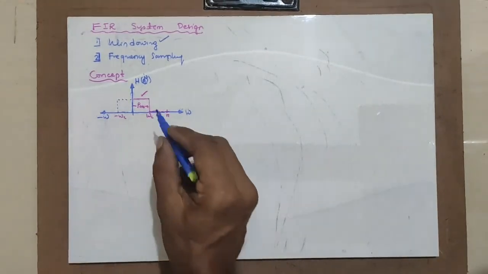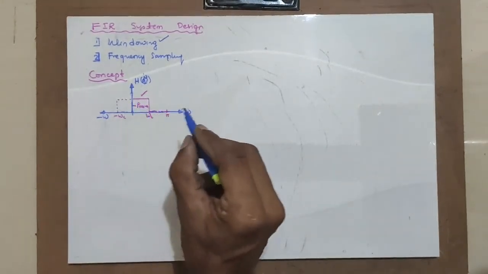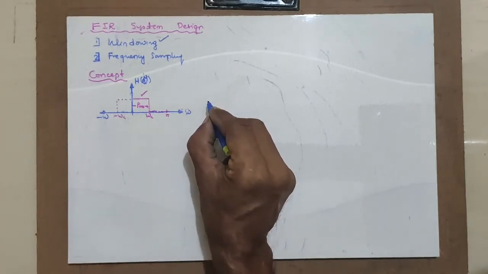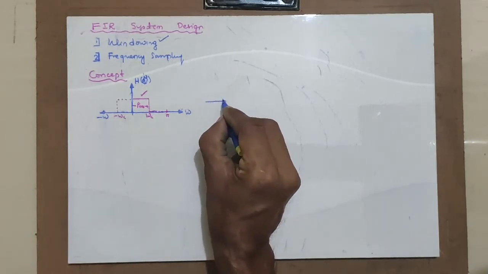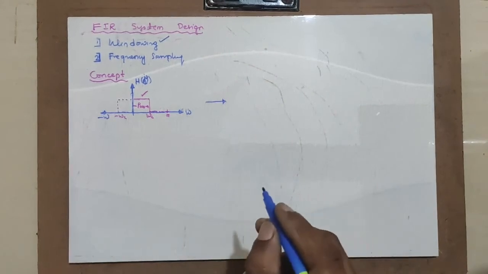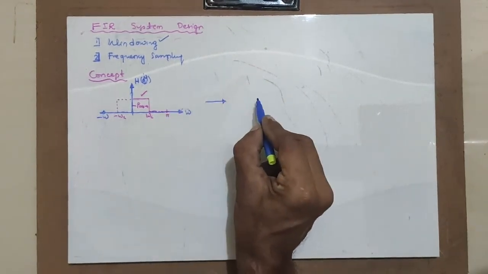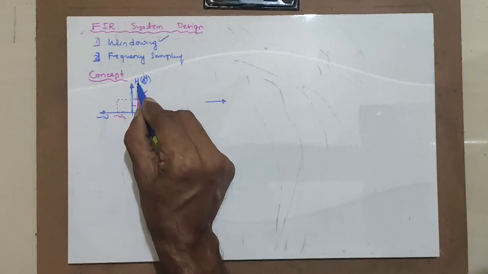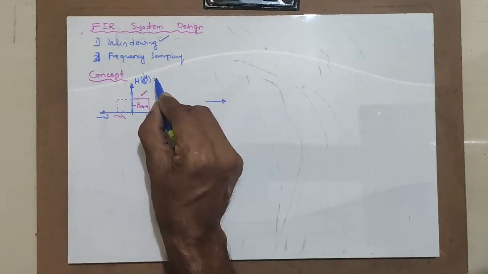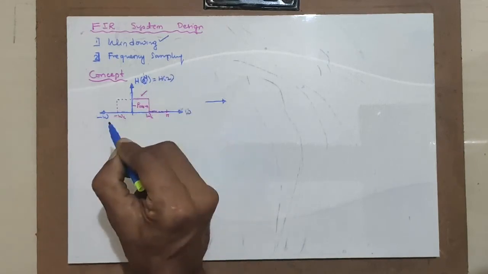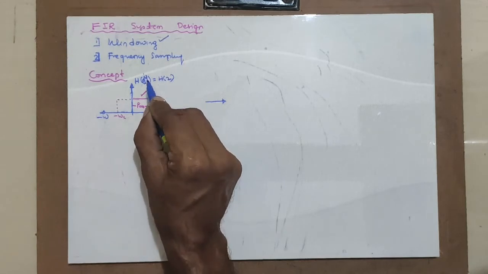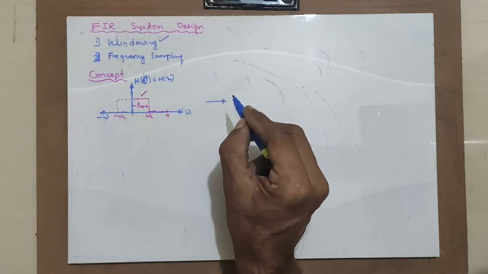Suppose you designed such an ideal filter, then what will be the time domain response, or h of n, the impulse response? How to find the impulse response? Just find the inversion of H of z. Inversion of this H of z or H of e raised to j omega, we will obtain h of n.